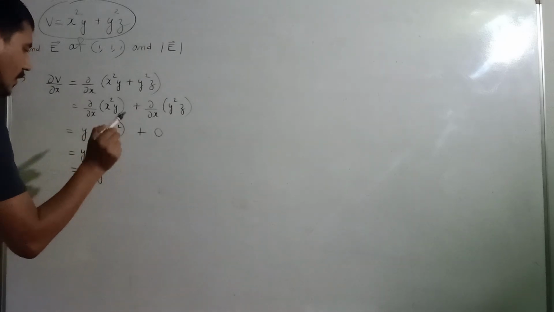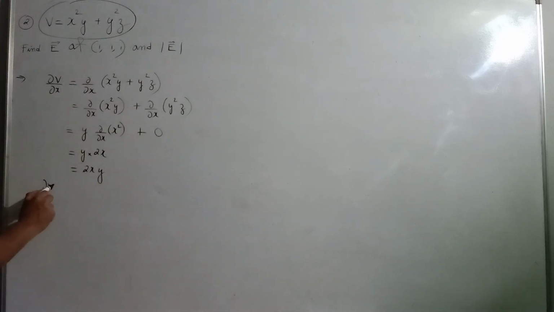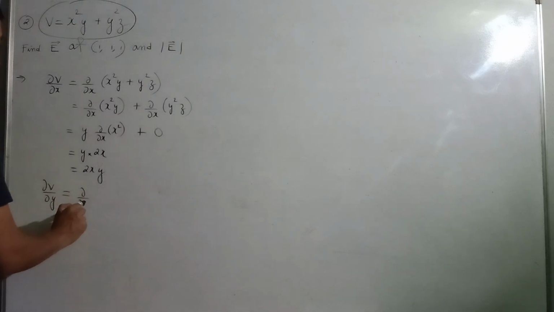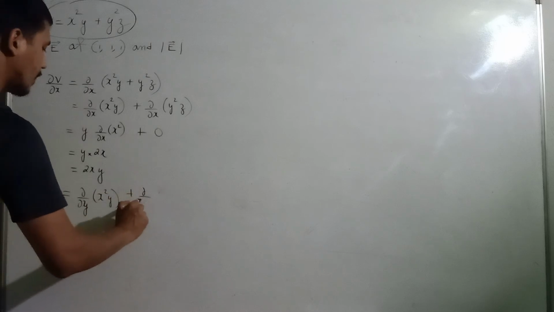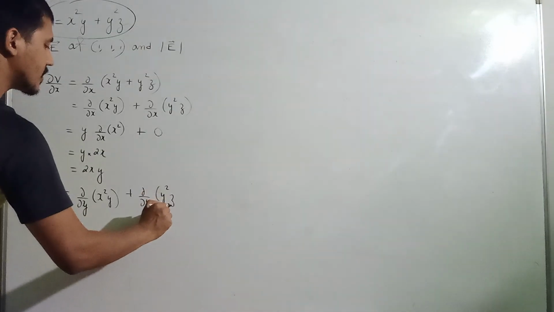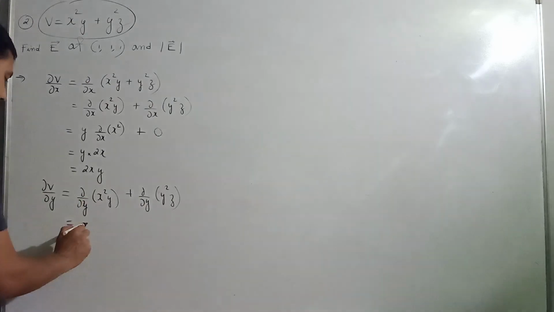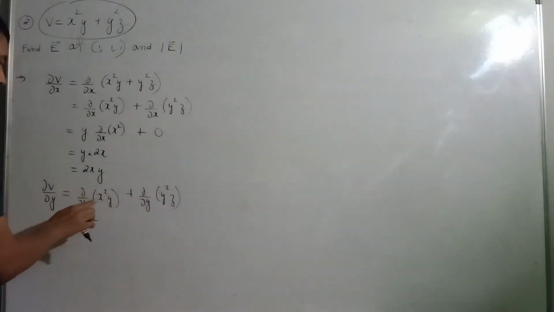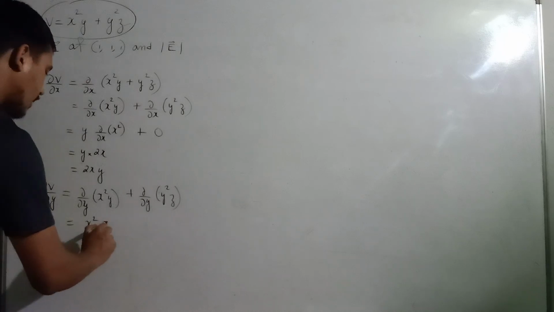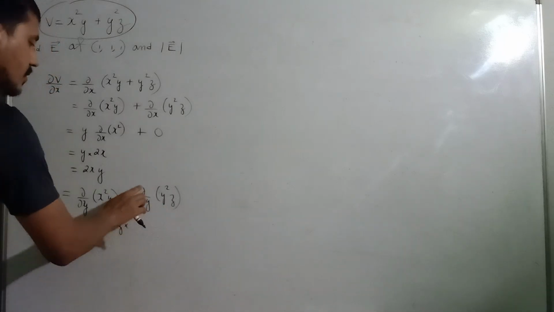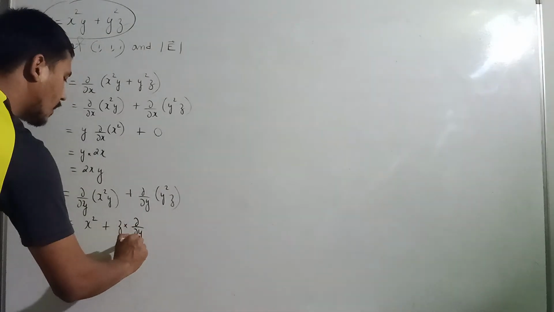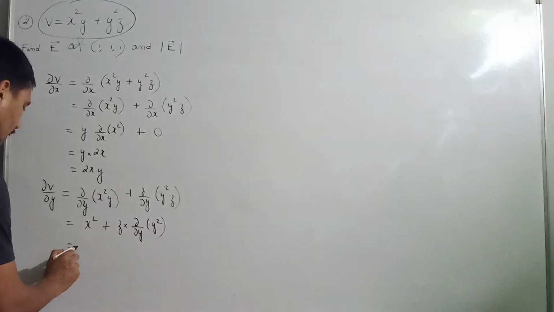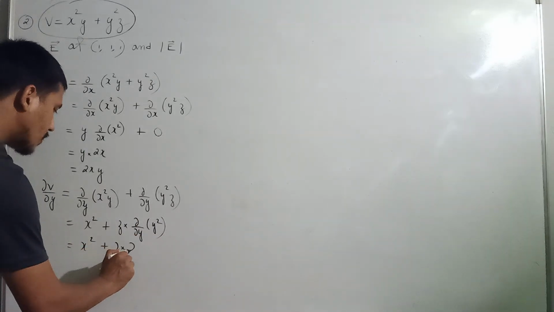So that is 2xy. Similarly, what will be del V by del y? Del V by del y will be del by del y of x square y plus del by del y of y square z. X squared is constant, it comes out, so del y by del y is 1. Here z comes out, so del by del y of y square, x square plus z into 2y.